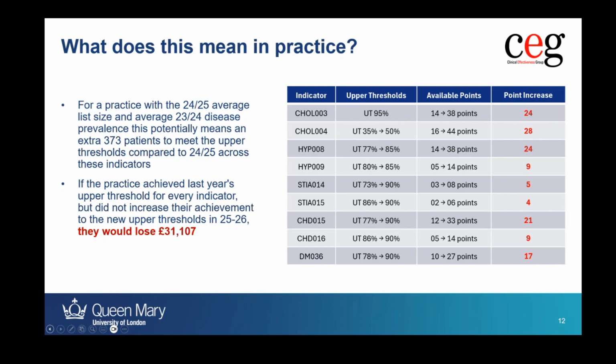So by meeting the blood pressure target for one, you're meeting it for the other, but potentially it is up to around 373. And if this practice were a top achieving practice last year, achieving all the upper thresholds at last year's targets, and this year they achieved the same percentage achievement and didn't increase to the new upper thresholds, they would actually stand to lose around £31,000. So it's a really quite significant impact financially, unless achievements increase to the new upper thresholds. Next slide, please, Mevish.